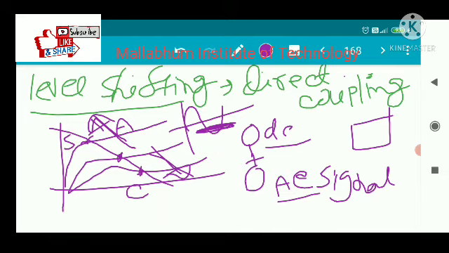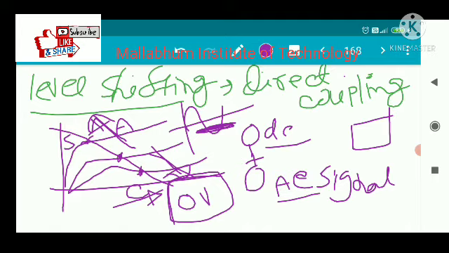Why do we employ the level translator? The level translator is used so that the DC that is passed from the first stage to the second stage, we bring back to the zero level, so that there is no hampering of the second stage biasing.